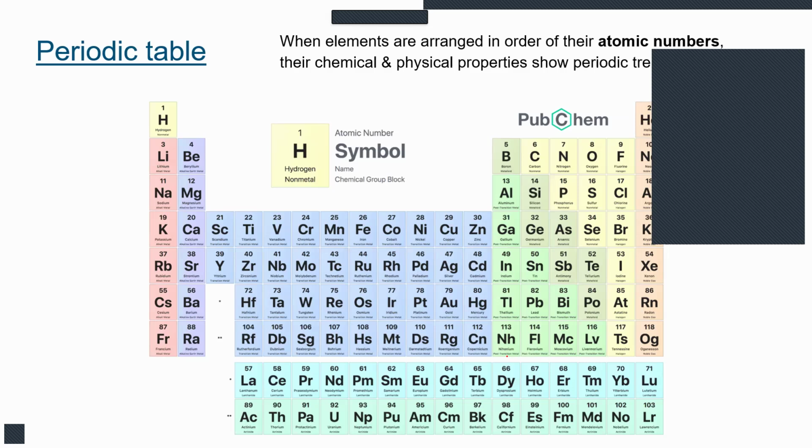See, these guys right here, these are relatively new. And I'm not joking about that. These last 5 or 6 are not naturally occurring.